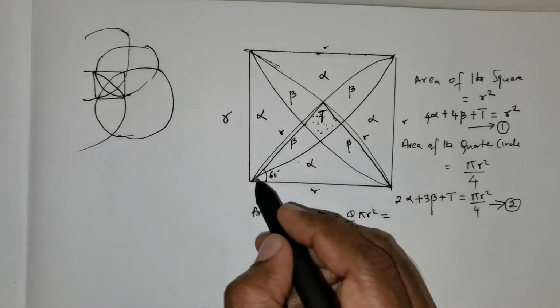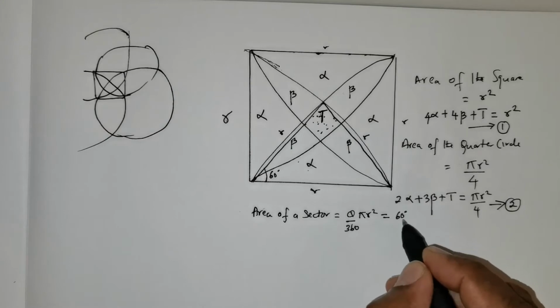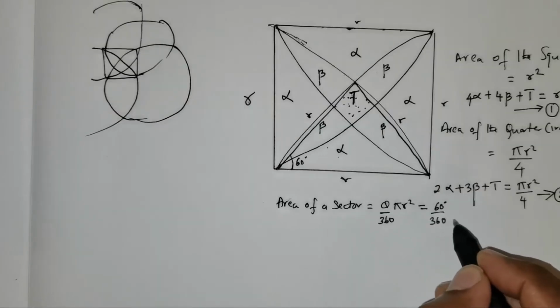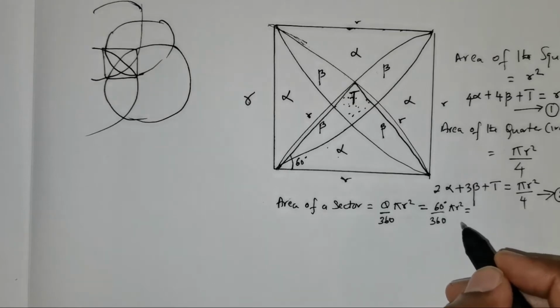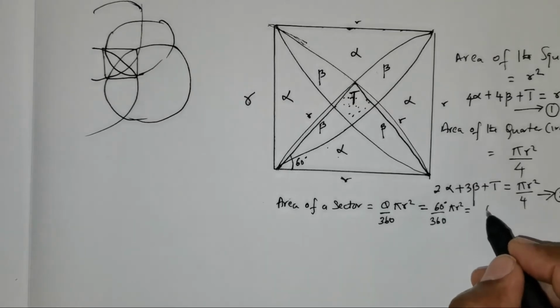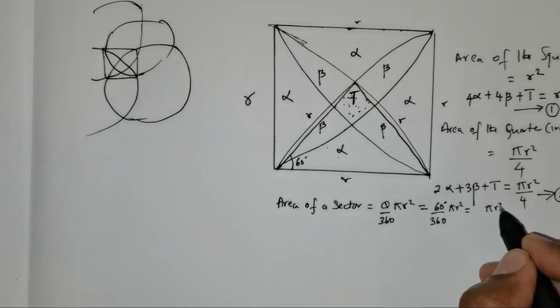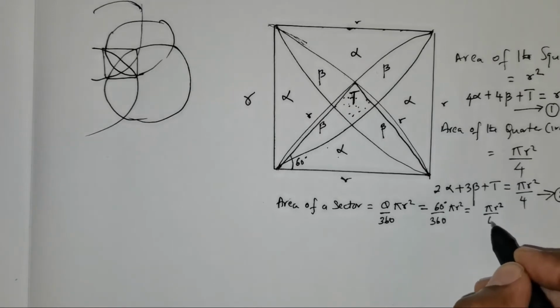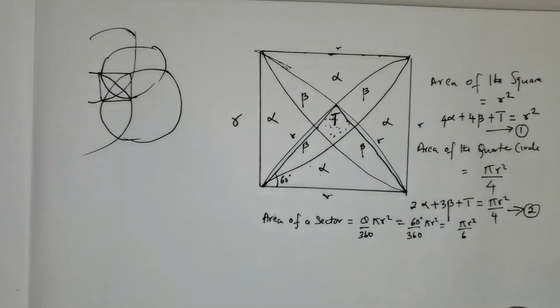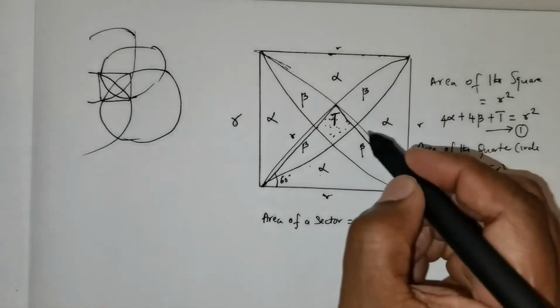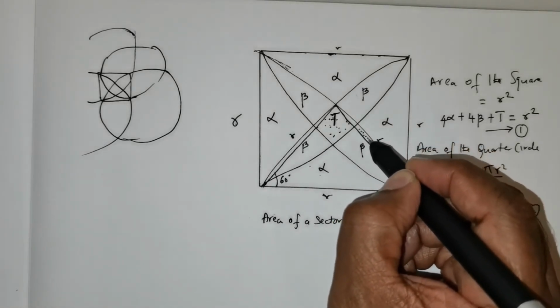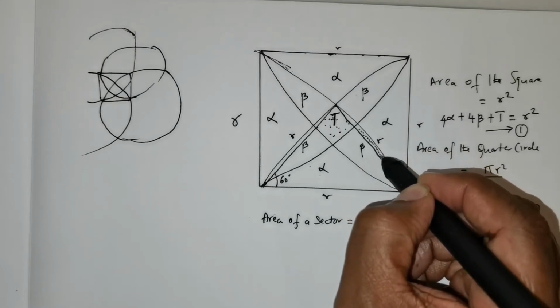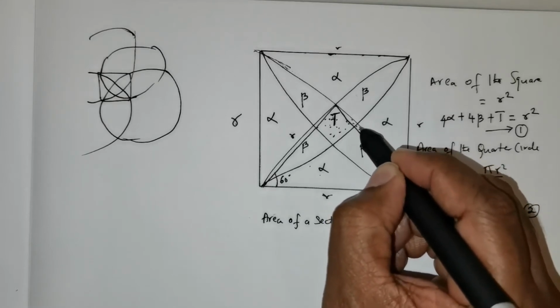So this is equal to, the central angle is 60 degrees, the total angle is 360, and you got pi r squared. So simplifying this, we would have pi r squared divided by 6. So this is the area of the sector. Now I'm more interested in obtaining this area, this small segment that you see there.